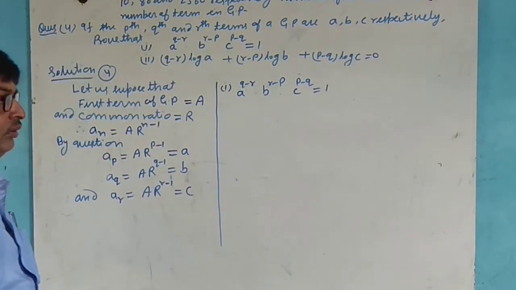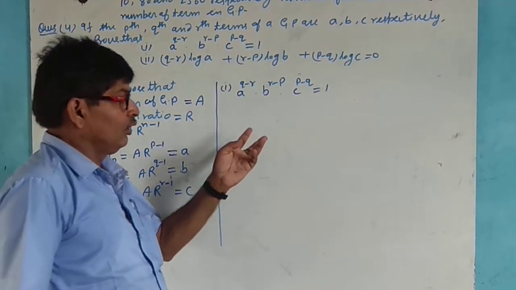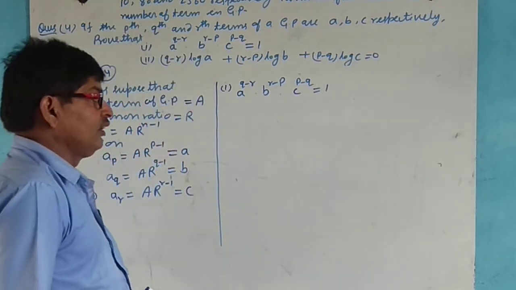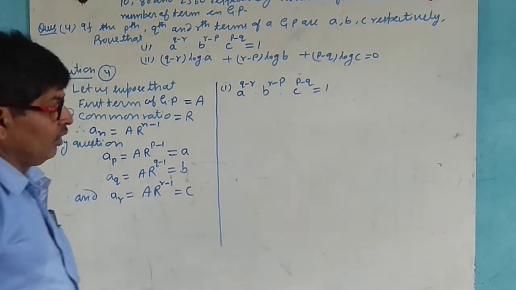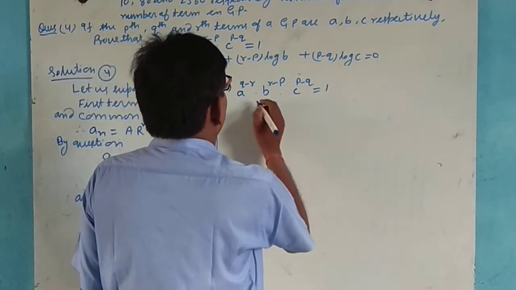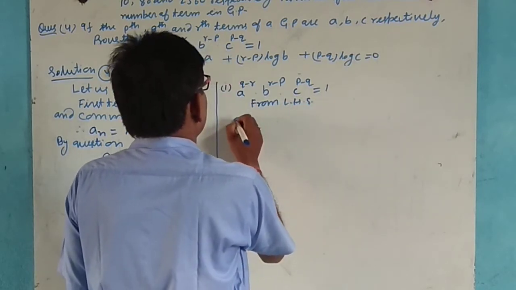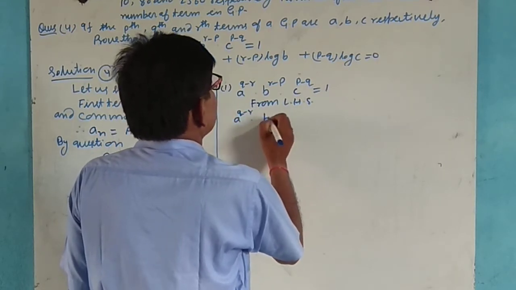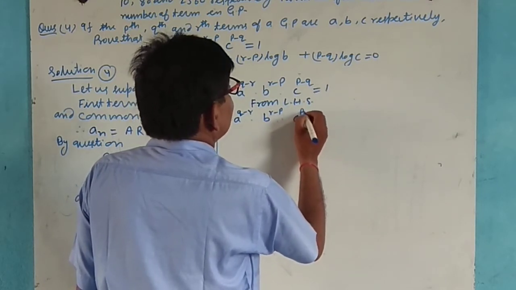We take the left hand side, because the number of terms is greater in comparison to the right hand side, and putting the values of a, b, c and solving, we get the right hand side from the left hand side. Here a to the power q minus r into b to the power r minus p into c to the power p minus q.